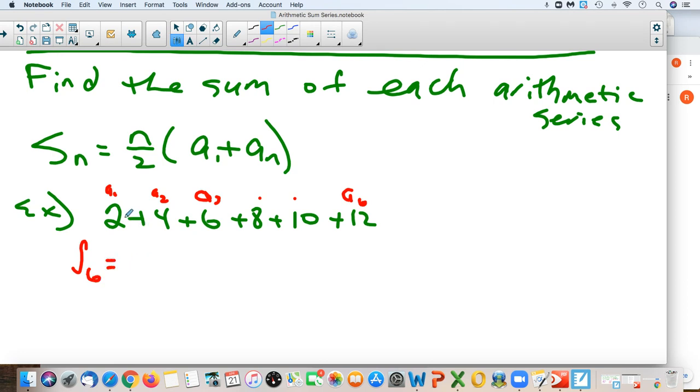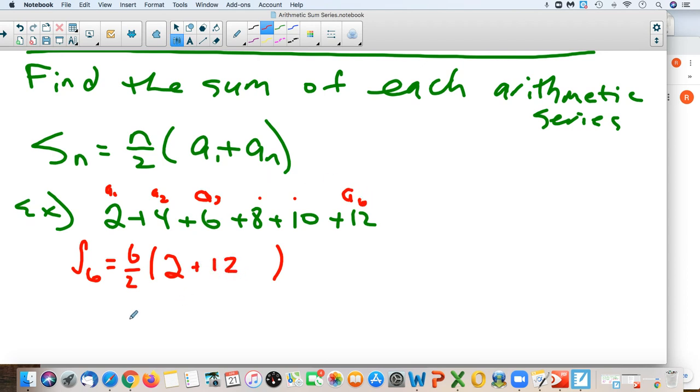How many terms do we have? We want to do n over 2. So n is 6. Of course, we see this and this and they should match. So we have 6 terms in the sequence over 2, in parentheses, multiplied by the first term in the sequence, a sub 1, which is 2, plus the last term of the sequence, which is 12.